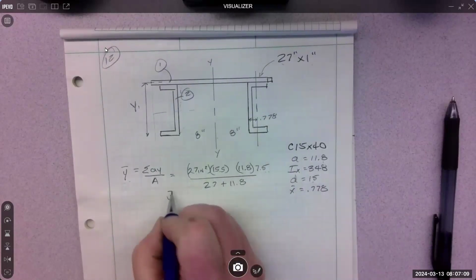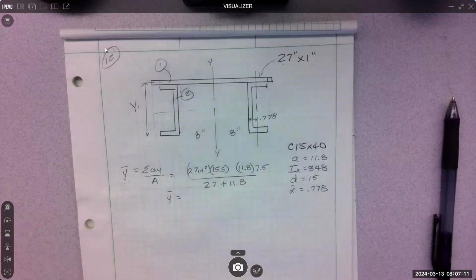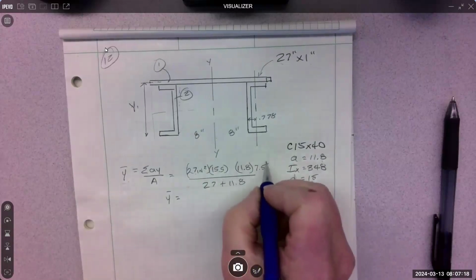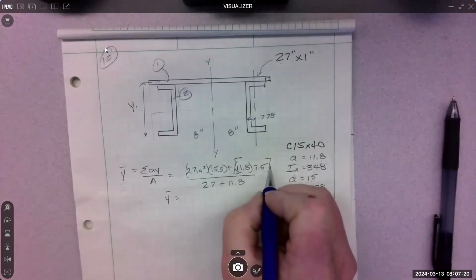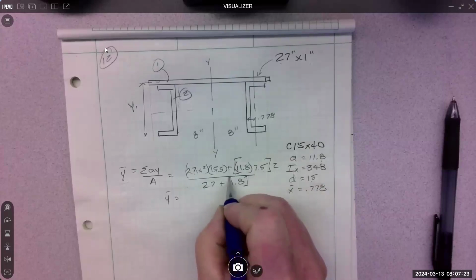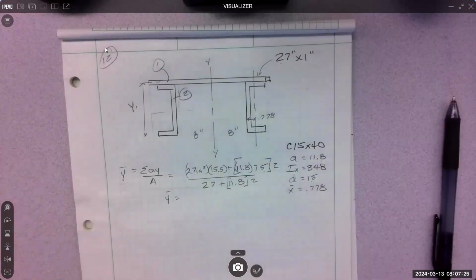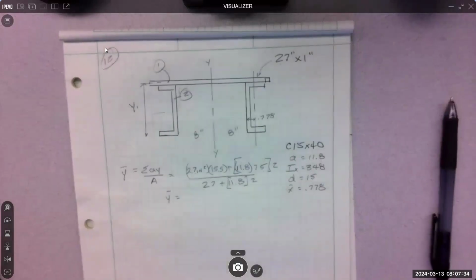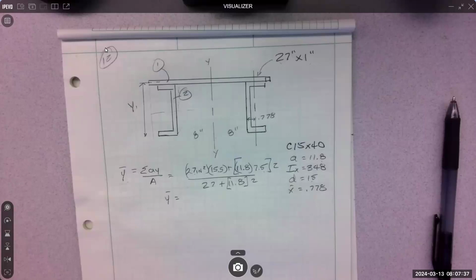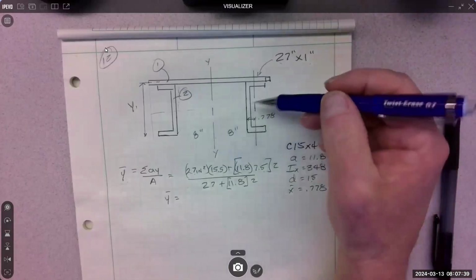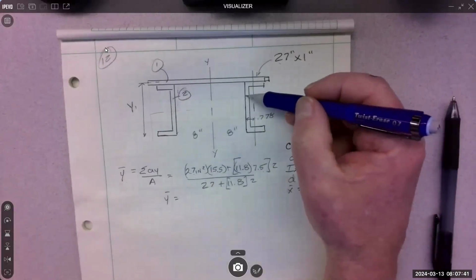What do we get for Y bar? 11.8 times 2. Times 2 and times 2. So good, we have a number we like: 11.77. It's definitely going to be above the 7.5. It's going to be shifted up.